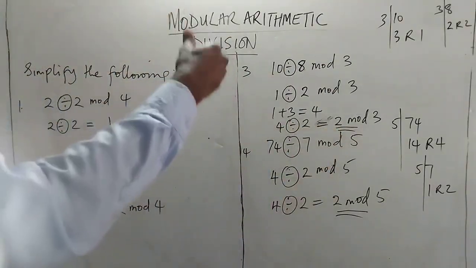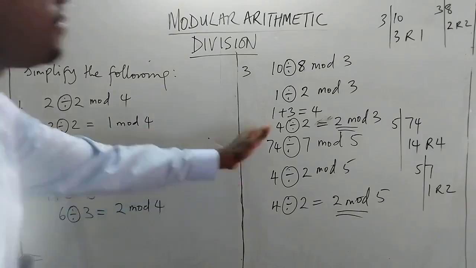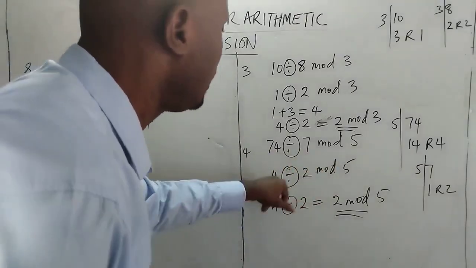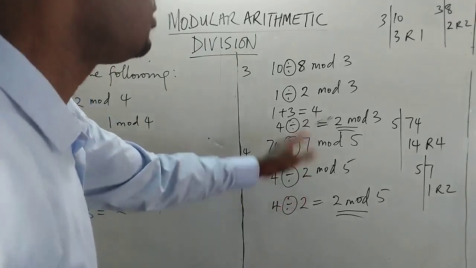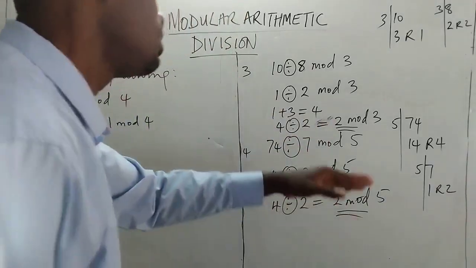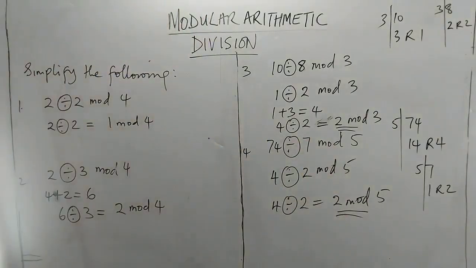So the answer is 2 mod 3. The same thing happened here. But if the dividend you got is divisible by the divisor, go ahead and do your division and write your final answer.